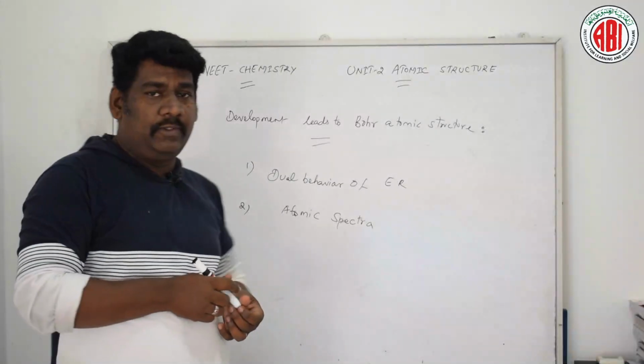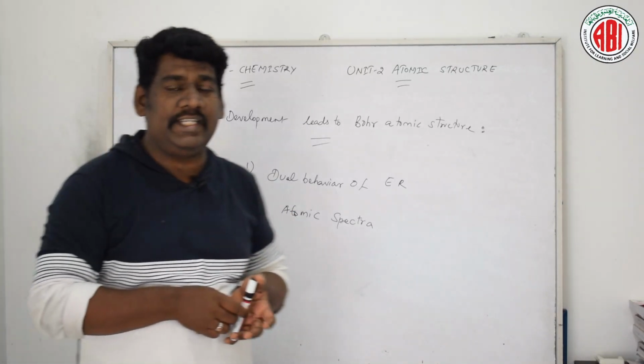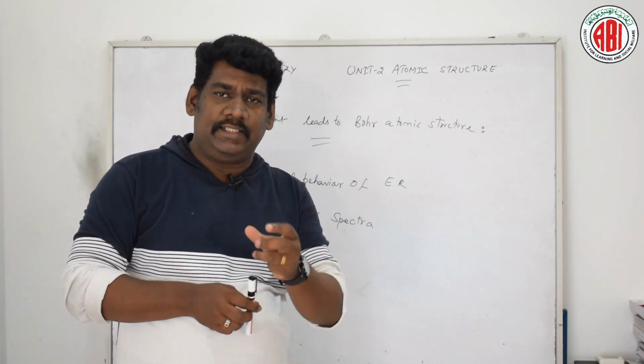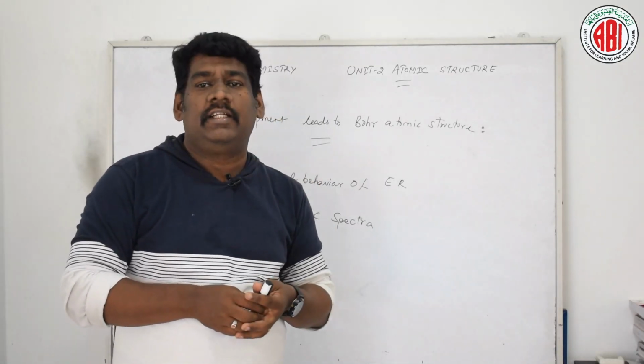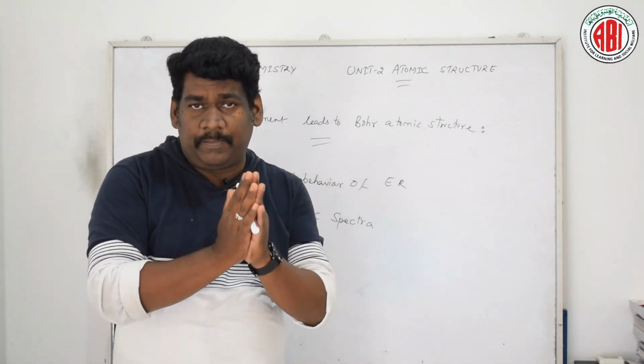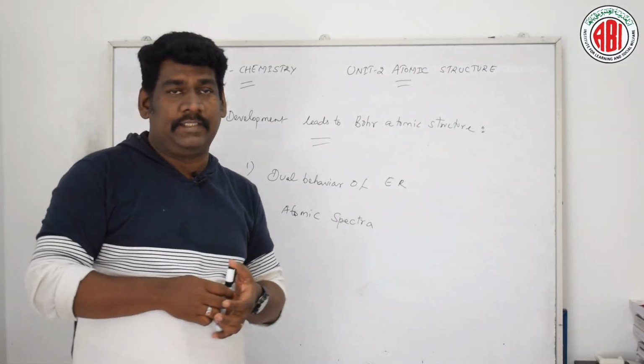Now let us talk about the first concept, the dual behavior of electromagnetic radiation. This is nothing but how light, the radiation, has both the characteristic features, particle-like properties and also wave-like properties.